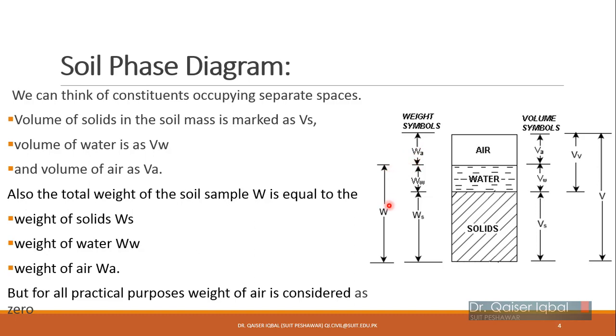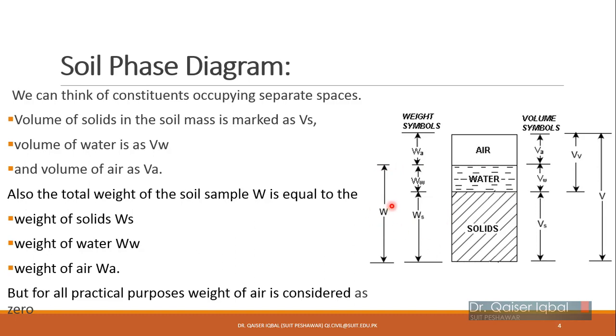The total weight of a given soil sample will comprise the weight of soil solids plus the weight of water. Unlike the volume, here only the weight of water and the weight of soil solids matter, and the weight of the air is neglected.